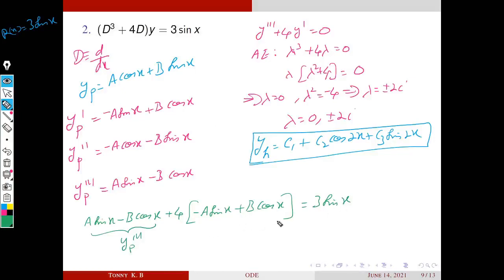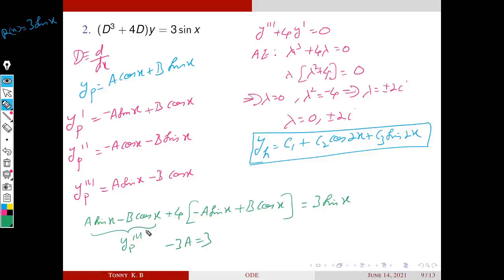Okay, next we are going to compare the similar terms, that is sine. Here the coefficient of sine is 3. On the LHS the coefficient of sine is a, and this is minus 4a. So combining these two terms, the coefficient becomes minus 3. So one equation is minus 3a equal to 3, by equating the coefficient of sin x.